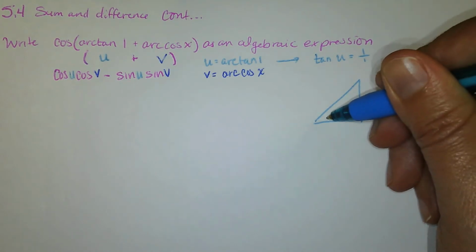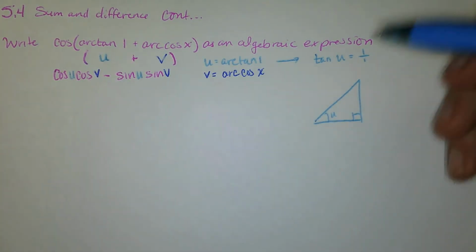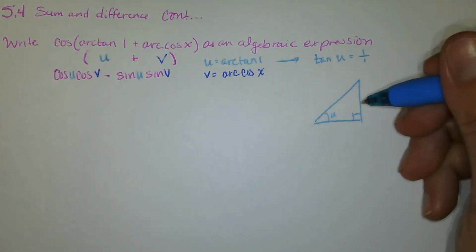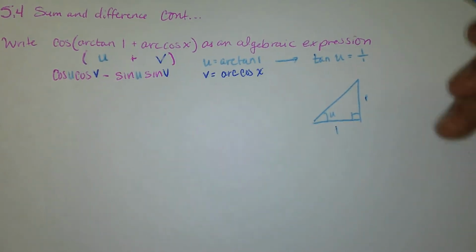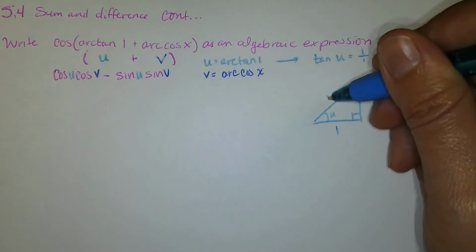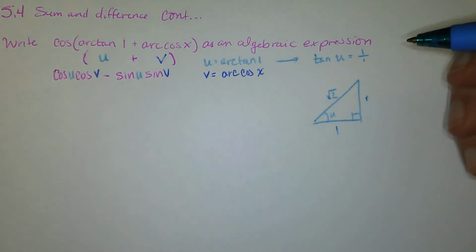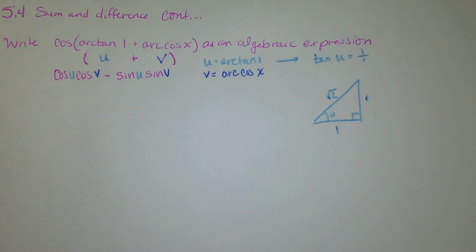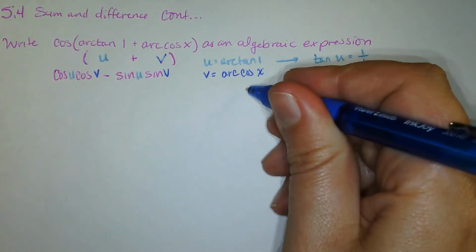So here's angle U, and this is opposite over adjacent, so it's 1, 1. And if we set this up, that's 1, 1, and this would be square root of 2. So I used that information and I created a triangle from that.